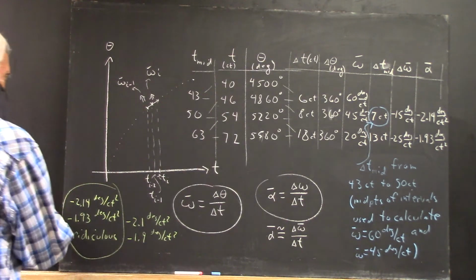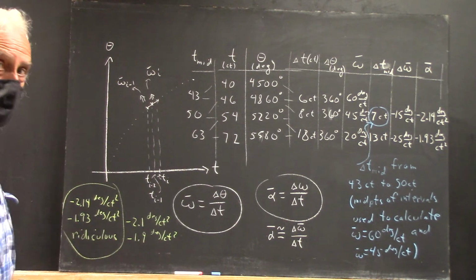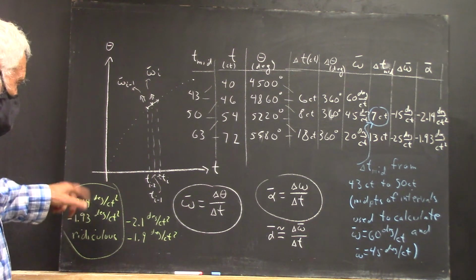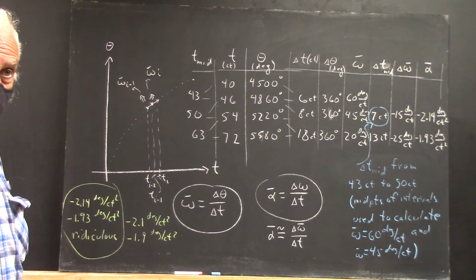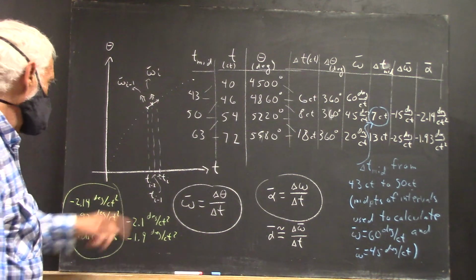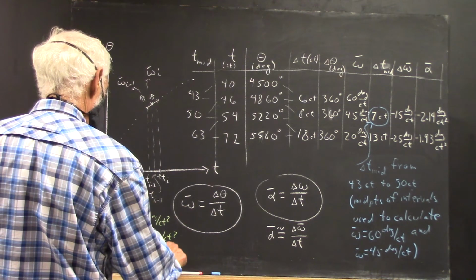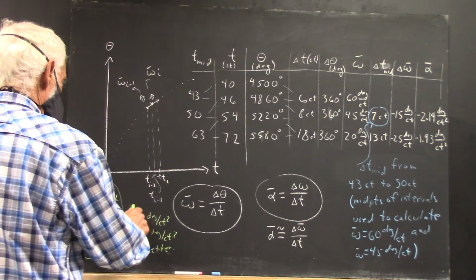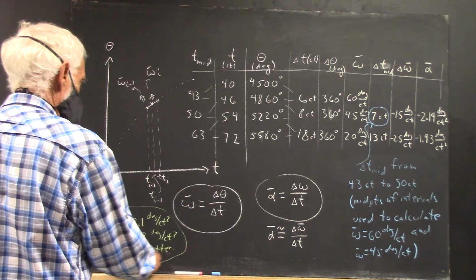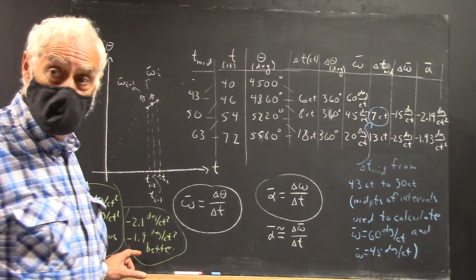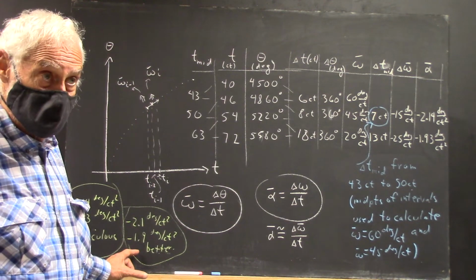Okay. I'm going to say, this is ridiculous. Our data isn't accurate enough to conclude that 1.4 and 9.3. This is better, even though it's still not really justified.